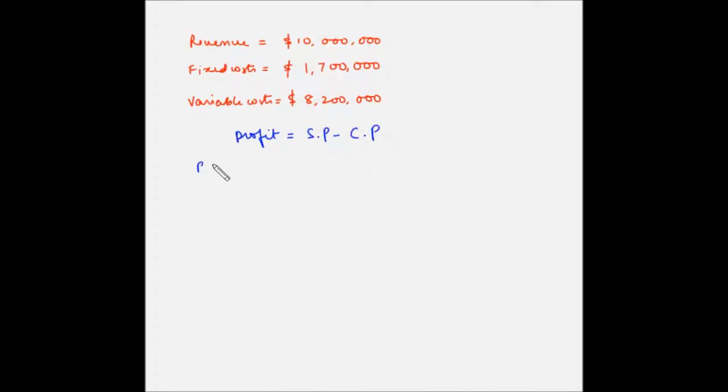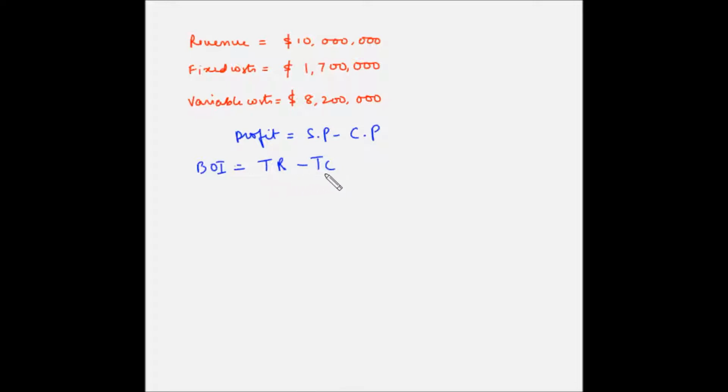So the budgeted operating income is equal to the total revenue minus the total cost. So total revenue is nothing but the number of units sold multiplied by the unit selling price. Or in other terms, the total amount that you are getting after selling the material.